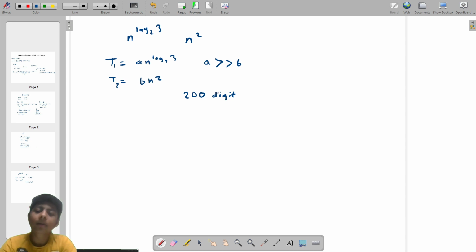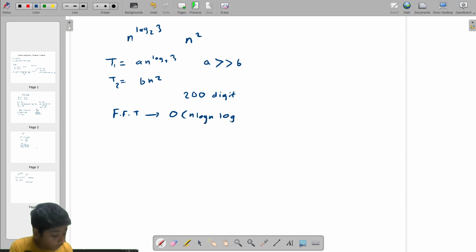In upcoming videos, I will try to explain more algorithms about multiplication. There is an algorithm which uses the fast Fourier transform, in which the time complexity is just O of n log n log log n. This might sound like a weird time complexity, but it is very small compared to Karatsuba and much faster.